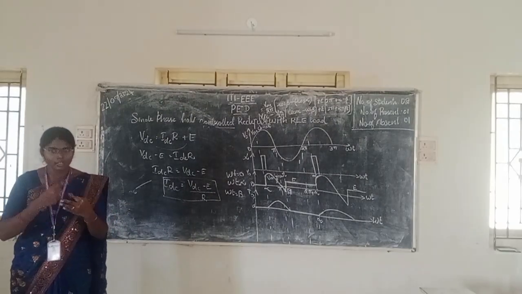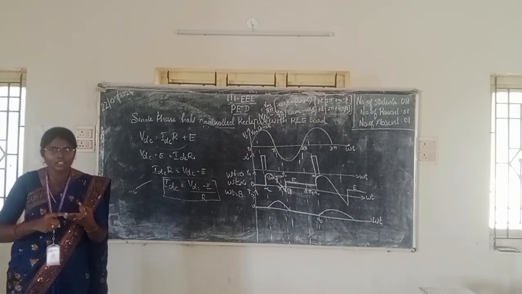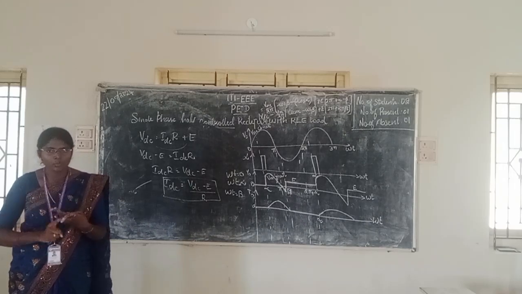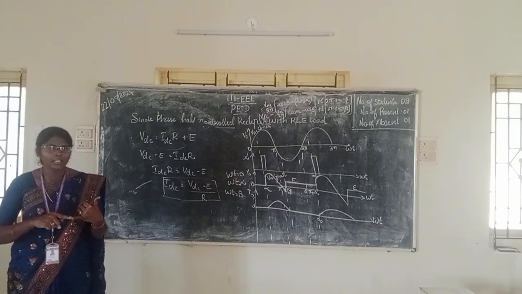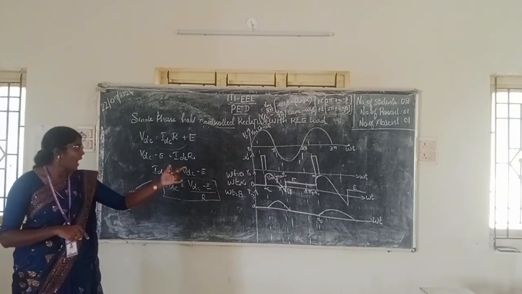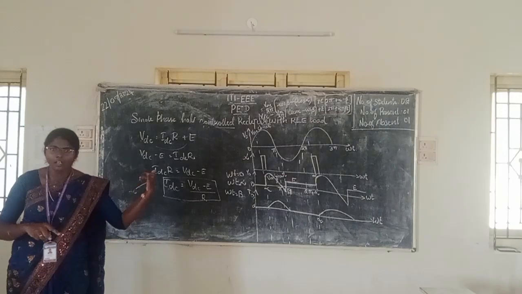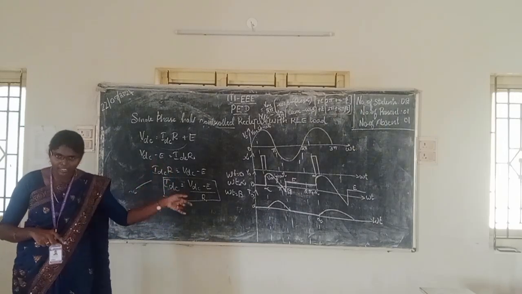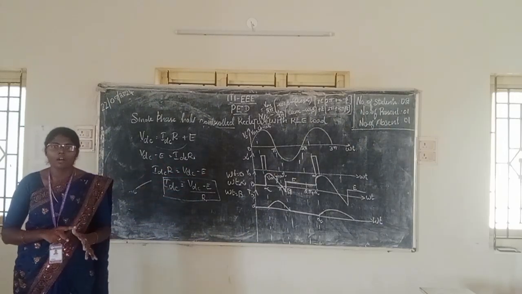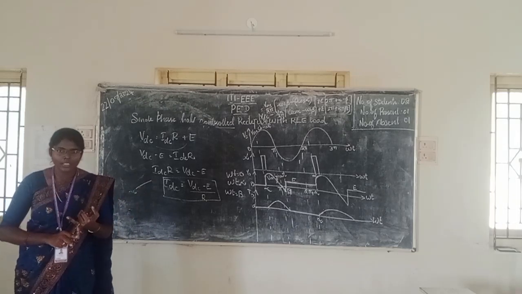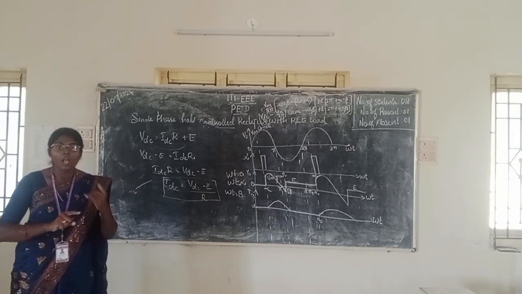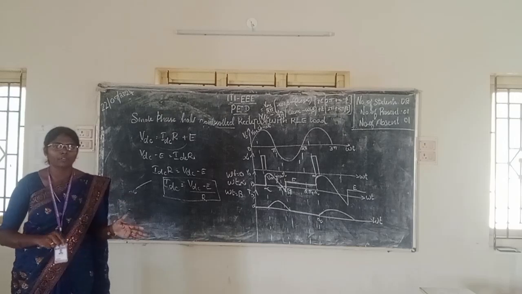For that we have derived the average output DC voltage and average output DC current. Now we have seen single phase half control with RLE load and its waveform, which sustained in the first interval up to beta, and the second from beta to 2 pi plus alpha. For that we have derived the average output DC voltage and average output DC current. That is all about the single phase half wave controlled rectifier.